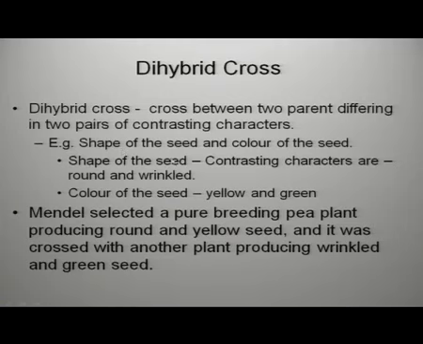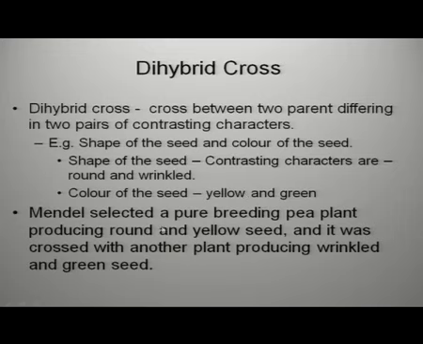For example, here Mendel selected two characters at a time and studied its inheritance. First character, for example, shape of the seed or form of the seed, and the second character is color of the seed or color of cotyledon also we can say. So, here shape of the seed, we know that the contrasting characters are round and wrinkled. Color of the seed, the contrasting characters are yellow and green.